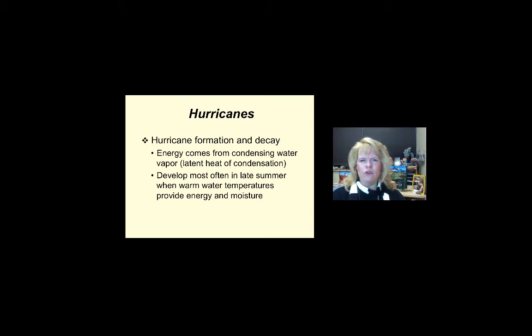Typically, hurricanes form in the late summer because the warmer water temperatures of the ocean have reached their peak, and so you get extra bonus points for latent heat of condensation. So as those storms approach land, they don't have as much energy to pull from, so they lose in kind of their gustiness, their robustness, and they fizzle out on land.